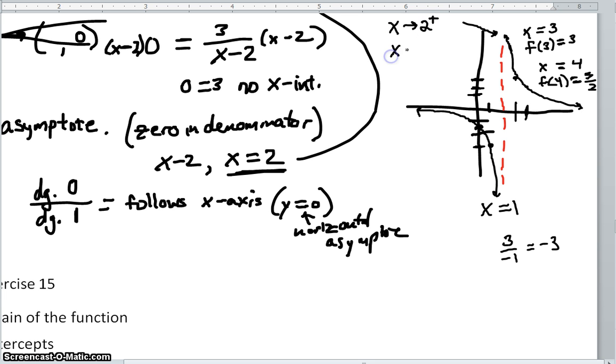They'll say things like: as x approaches 2 from a positive side, and x approaches 2 from a negative side. So when you see that, just know that it's talking about how x is behaving on both sides of the asymptote. So this just means from the left or the negative side. This means from the right.